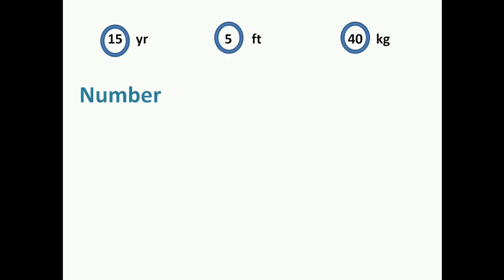So let's know more about physical quantities. If I ask you what is your age, then you may say it's 15 years, and your height and your weight. In these three physical quantities there are two things which are common. One is that all of them have some number and some symbol as unit.